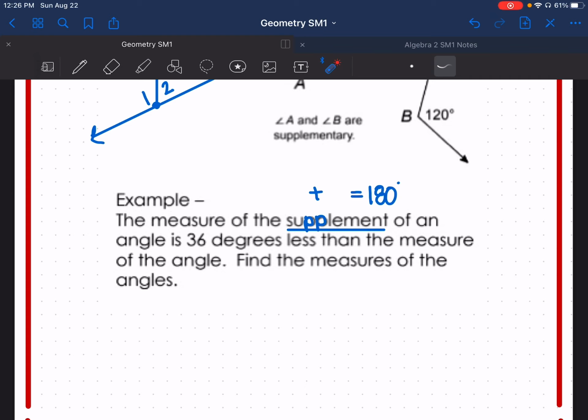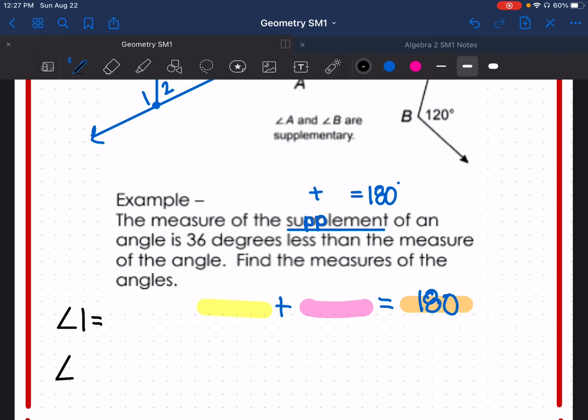All right, find the measures of the angles. All right, here we go. So I know that angle 1 plus angle 2 has to equal 180 degrees because of the word supplement. Okay, so I know that this is true. I've just got to figure out what to put for angle 1 and what to put for angle 2.